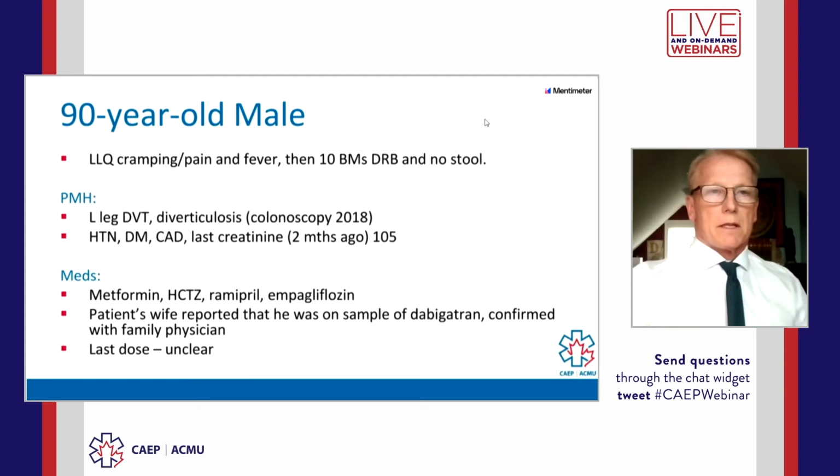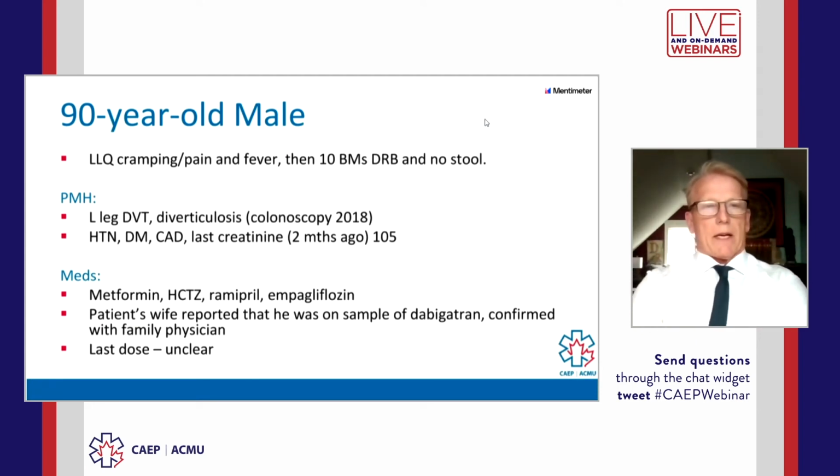He's on these medications. And this patient, again, it was a real case, was given a sample of dabigatran by the patient's family doctor. And this is problematic for us, more so as we become reliant on PharmaNet, as we call it in BC, these provincial databases of prescription drugs.